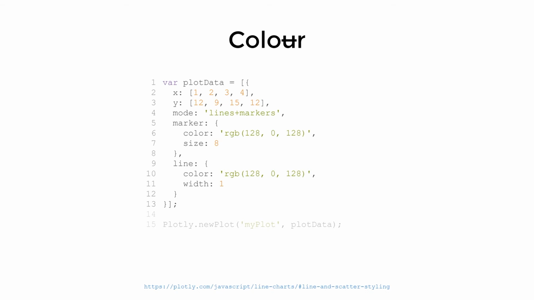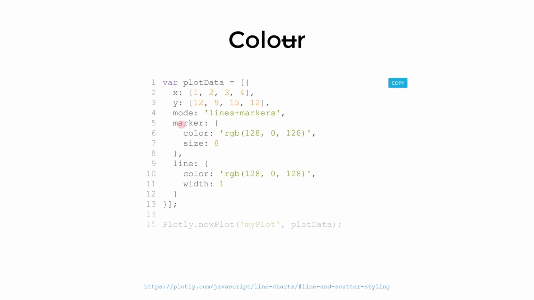So you might remember that we had the marker property when we looked at bubble charts, and we could change the size of that marker in the chart. Also within the marker object, we can change the color of the marker. And as I mentioned before, this is just a color code. So it could be RGB, it could be hex, or it could be a named CSS color.